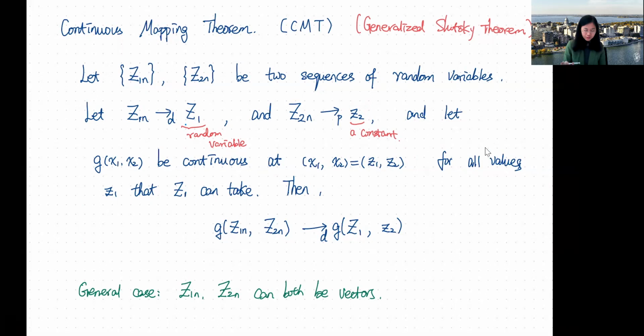So when Z1n and Z2n are random vectors, Z1 is of the same dimension as Z1n, and little z2 is of the same length as big Z2n. I just want to mention that because later on, when we need this, I will repeat. But for today, we only need Z1n and Z2n to be scalar random variables.